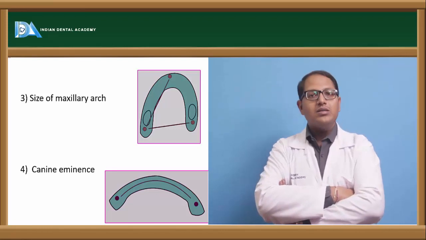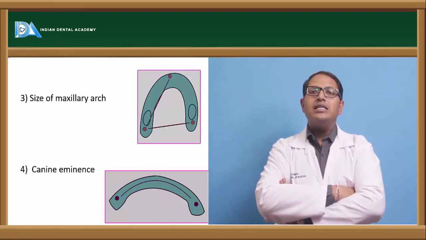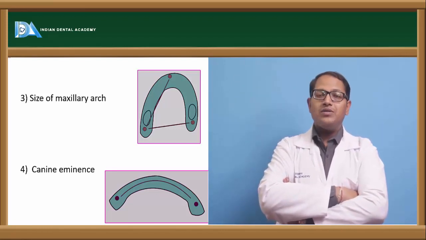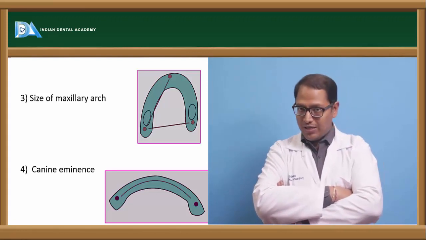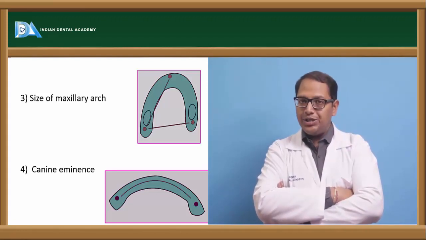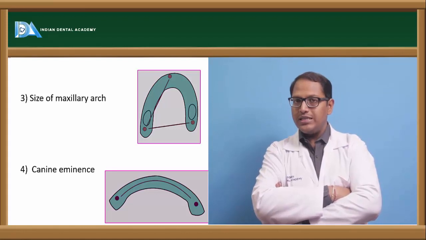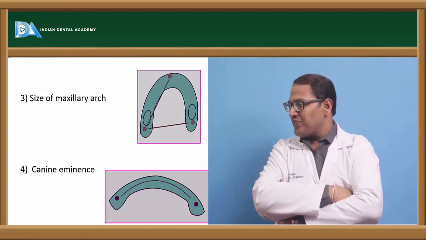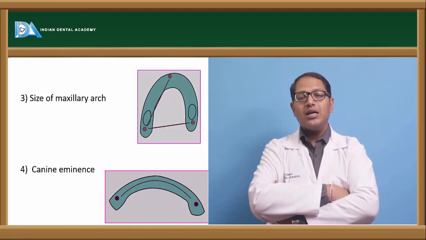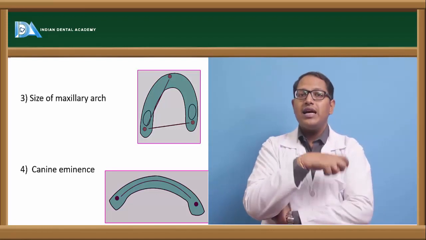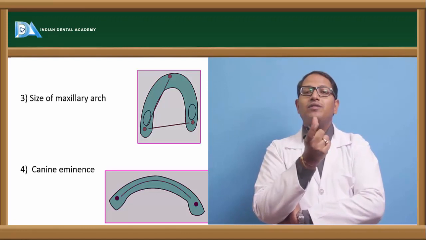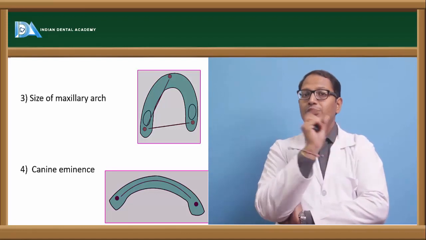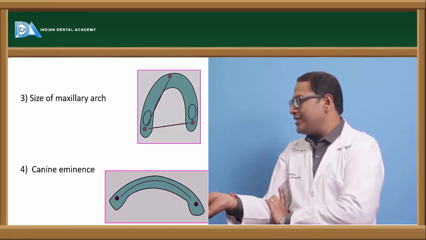That will also decide things: if you mark a line from the incisive papilla to the maxillary tuberosity, and from the maxillary tuberosity to the other tuberosity, that will give you the entire area of the maxillary arch. Similarly, from one canine eminence to the other canine eminence, that will give us the anterior length of the teeth that you are supposed to use. The width of the anterior teeth will all be decided with this.